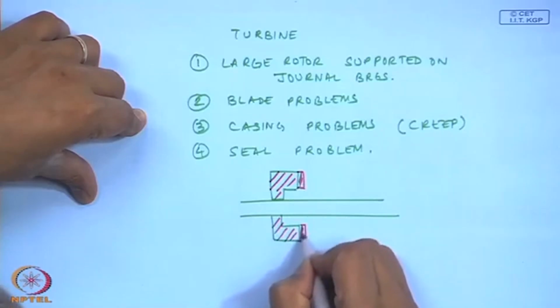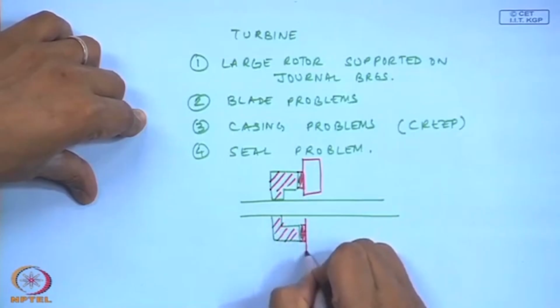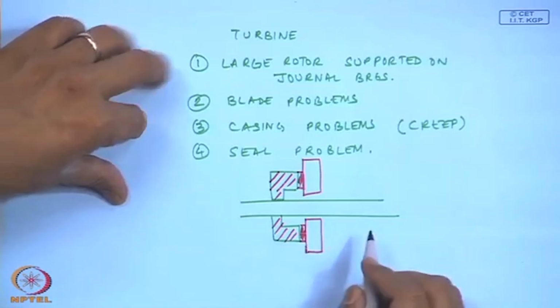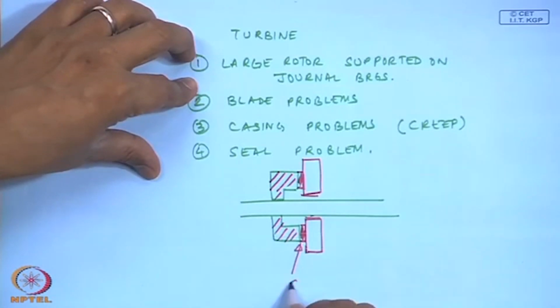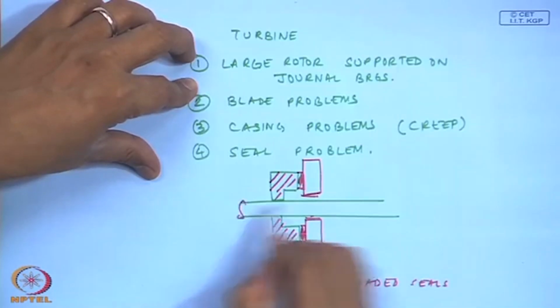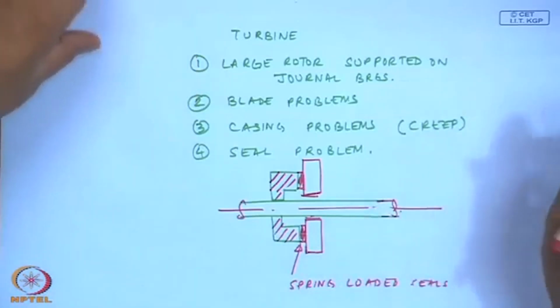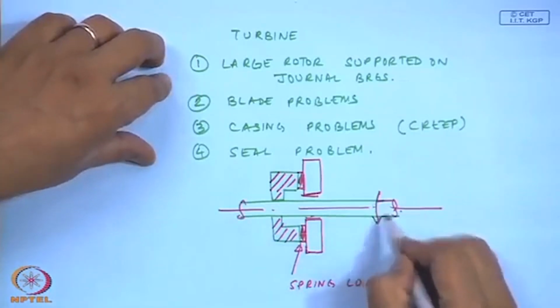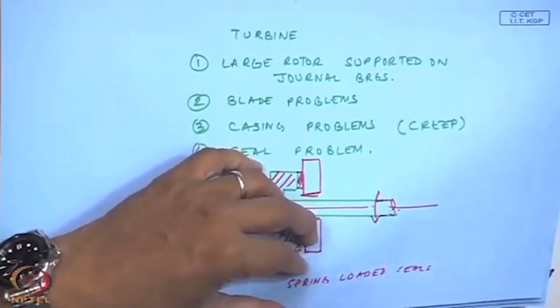They are spring loaded, and then they can have another component here. And this is the shaft, which will be rotating, and it can be carrying compressor sets and so on.